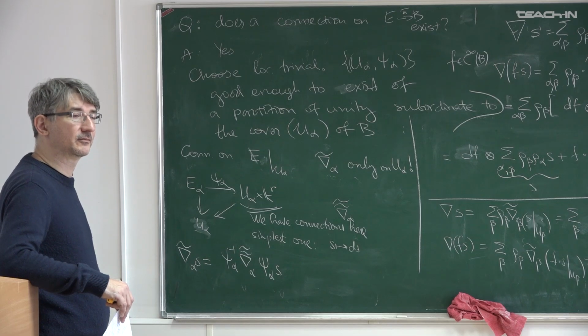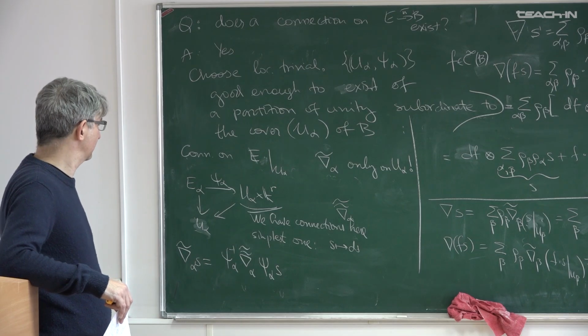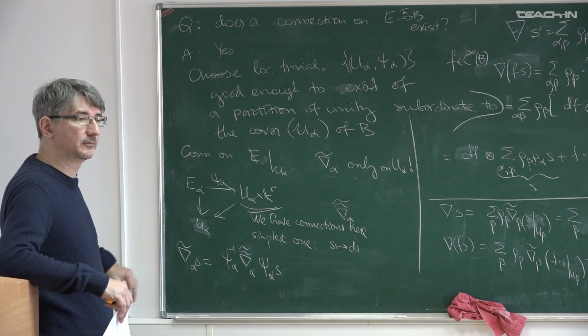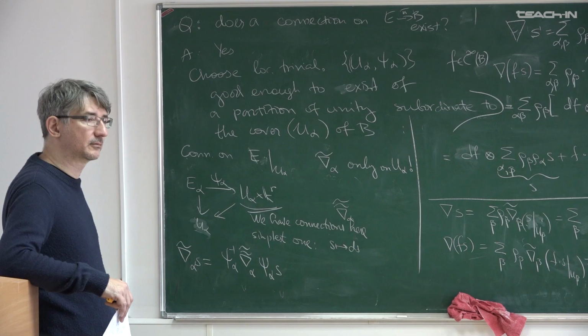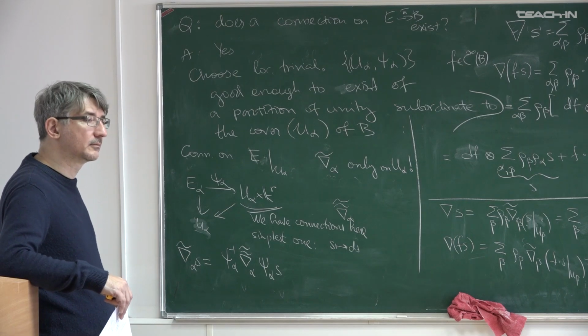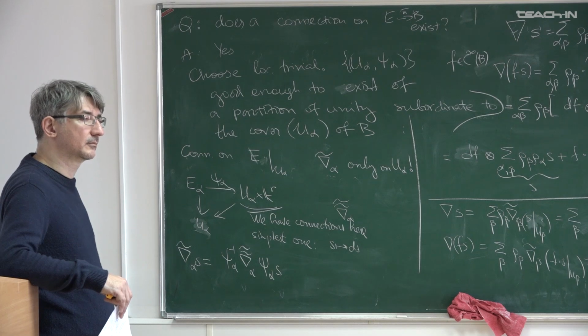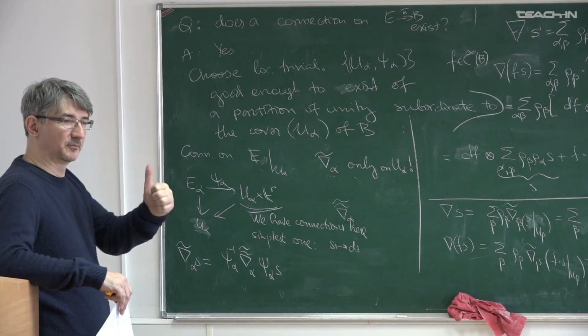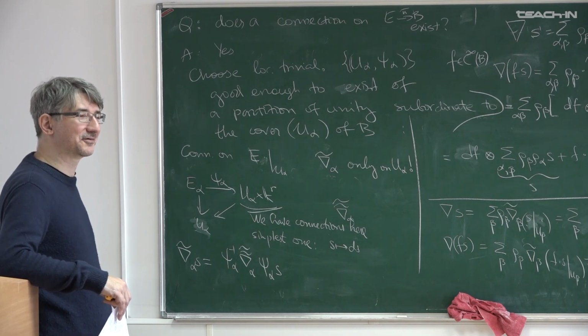It's very good. May I ask a question about the formula where we define the connection in a chart? So we take a section and send it to U alpha times the fiber, that gives us a section of this bundle, and then we take a connection. So that gives us a section of a different bundle, and then we apply. Brilliant. That's correct.